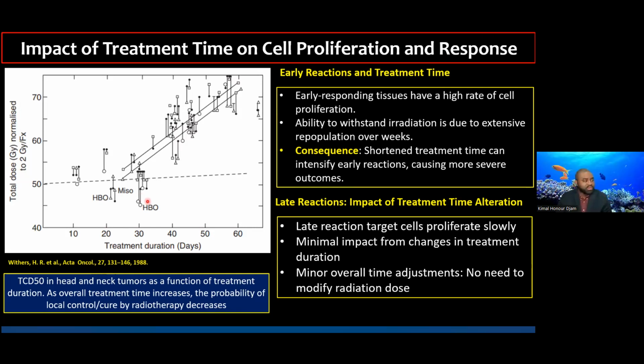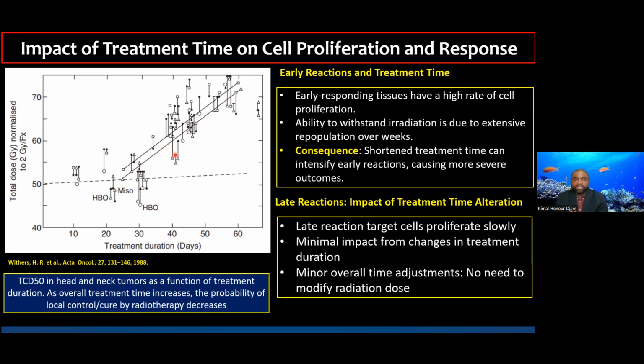Now, this is essentially from day 0 to about 30 days, there is a rapid growth of head and neck cancer cells. Now, the slope of this graph, if we do the calculation, is about 0.6 gray. Now, what does that mean?